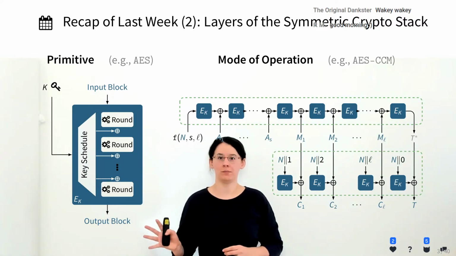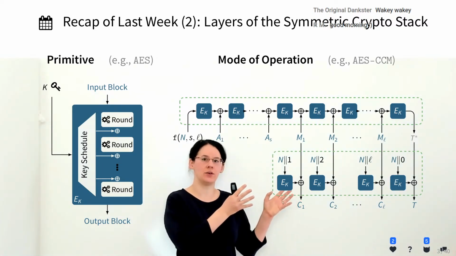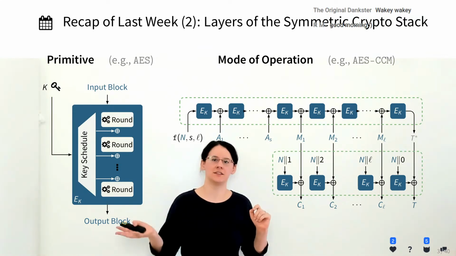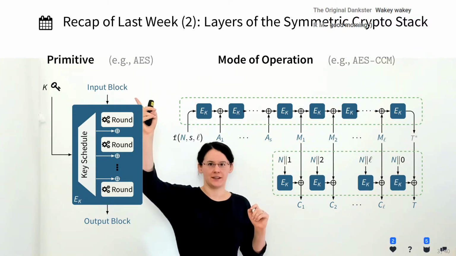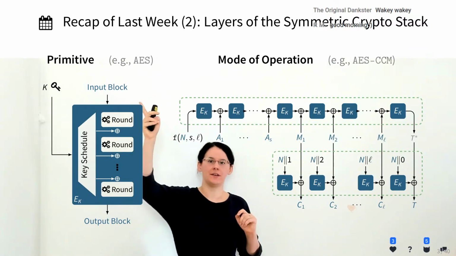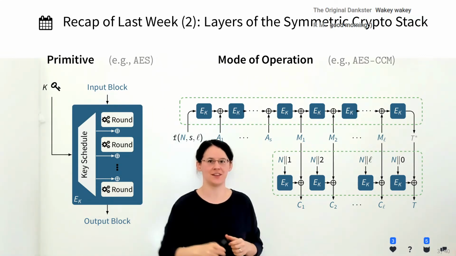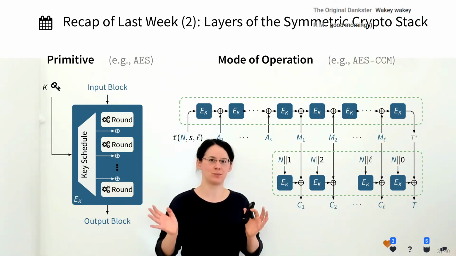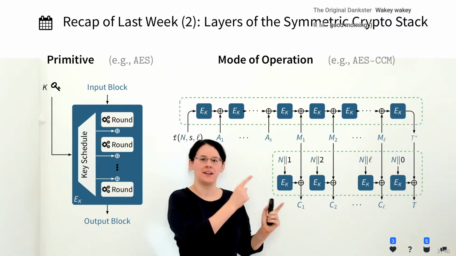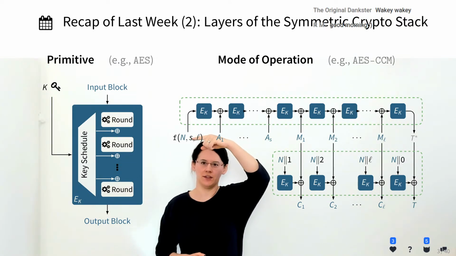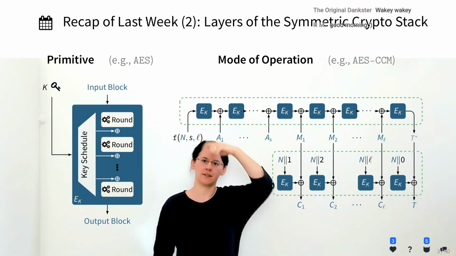And this blue building block can then be repeated in order to be able to handle data of arbitrary size. So this is just for fixed block input sizes and shouldn't ever be used by itself for encryption. Even if it's the AES and everybody agrees that the AES is secure, it's not suitable as a standalone encryption scheme.